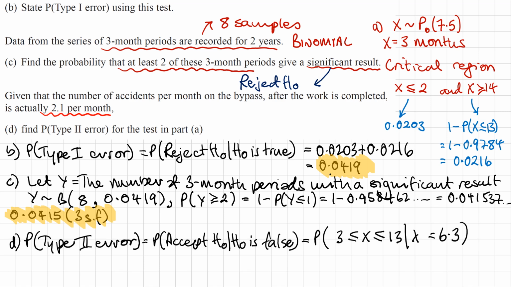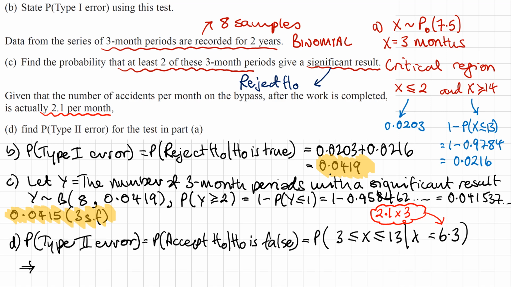So I'll just put here where that came from, the 2.1 per month times by 3, because we're dealing with a 3-month time scale. Right, so I'll have to split this calculation up, unless you've got like a graphic calculator where you can work out these probabilities between two things.